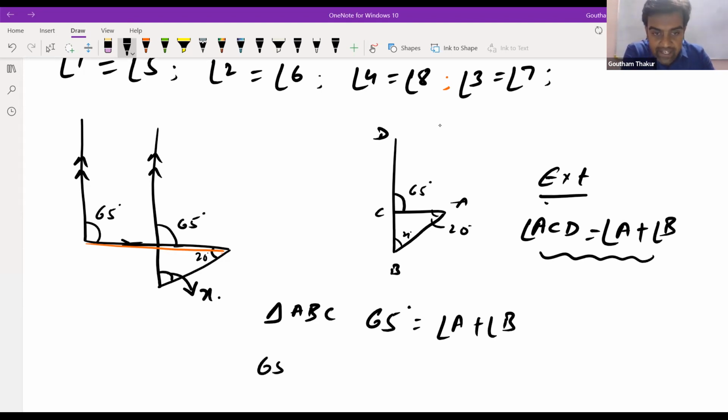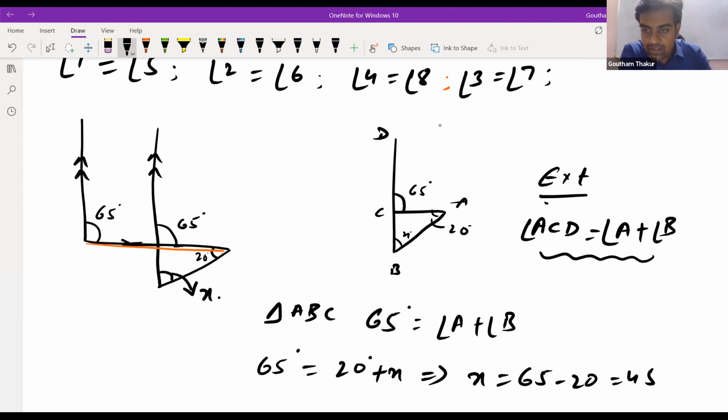So 65 degrees is equal to 20 degrees plus x, which gives x equal to 65 minus 20, that is 45. Okay, sir, I don't know the exterior property, how do I solve it? At times, the exterior property will not click.